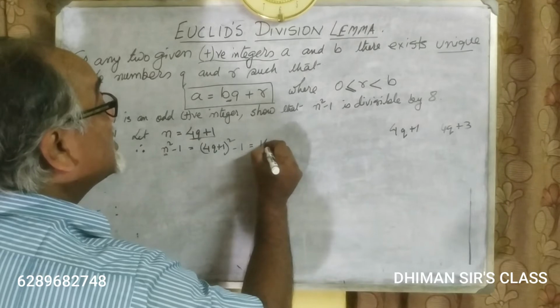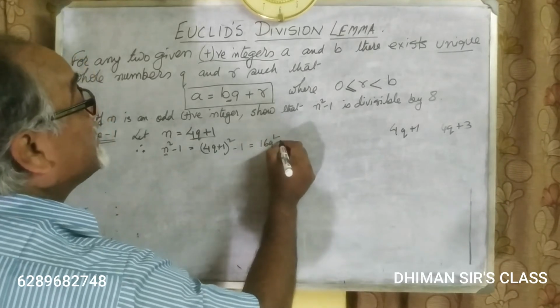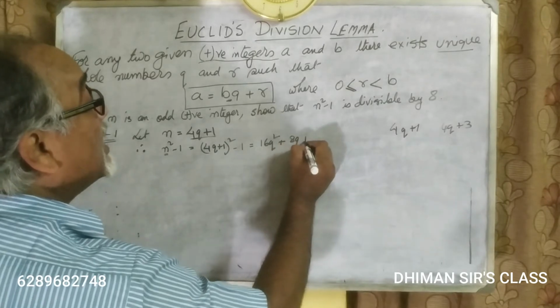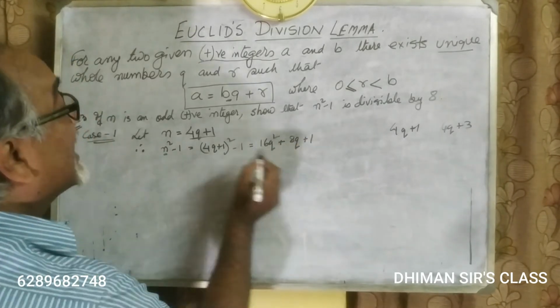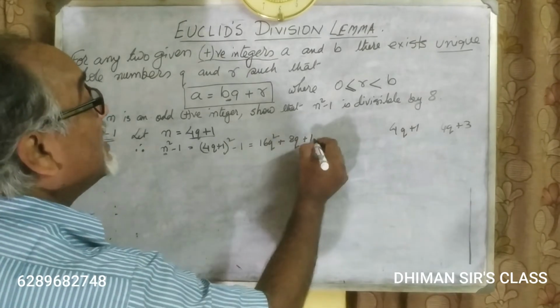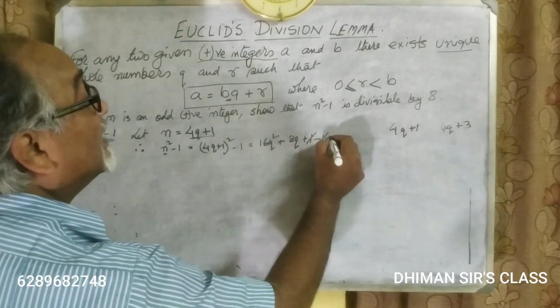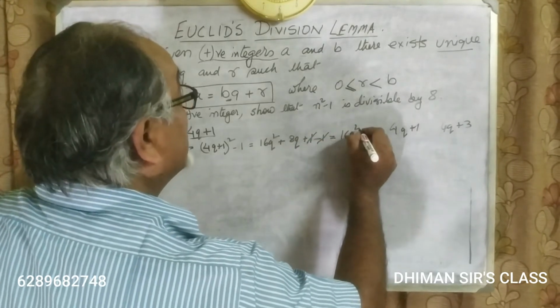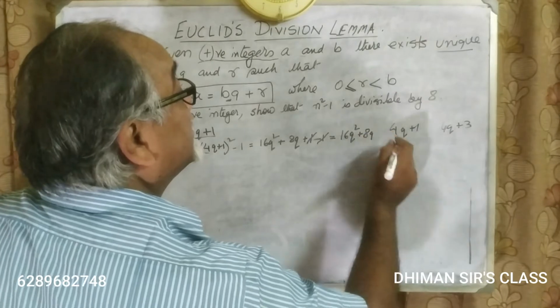So 16q square plus 2 fours are 8q plus 1. Open the bracket now because squaring has been done. Now minus 1, cancel. Equals to 16q square plus 8q.